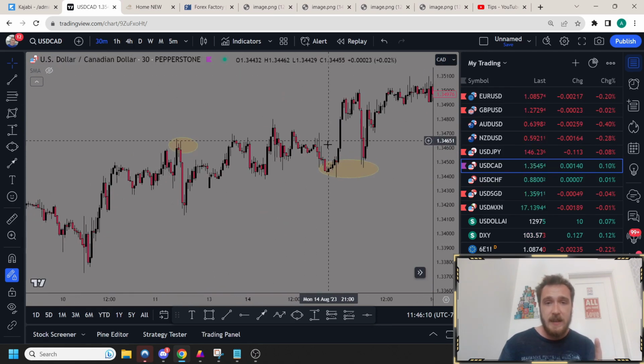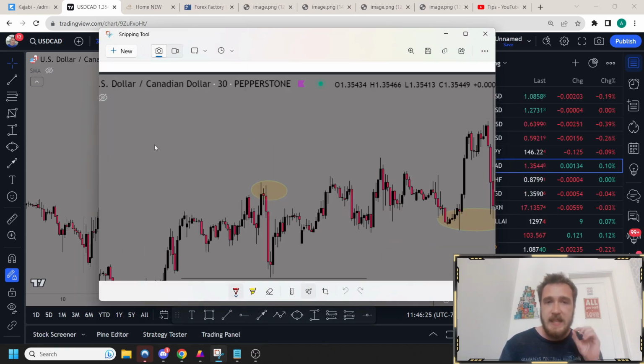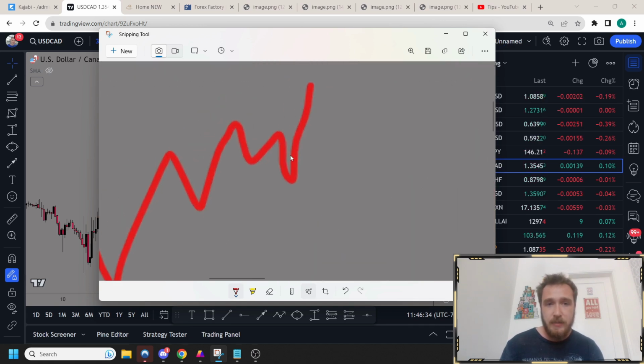And in this case, what I need to see, in fact, I'm going to draw this out. If we want to be looking for buy setups, this is what I need prices to do. I need prices to go up like this and have a very short term lower low, lower high. I'm looking at this right here.